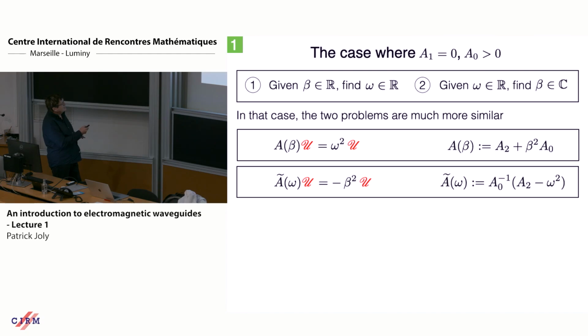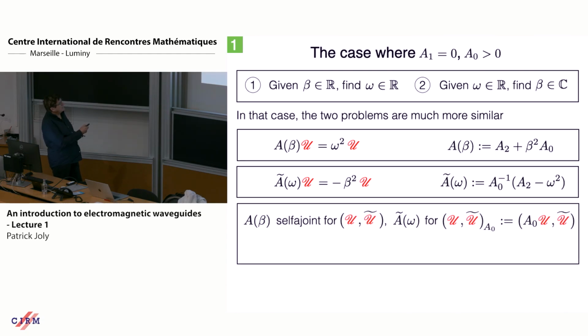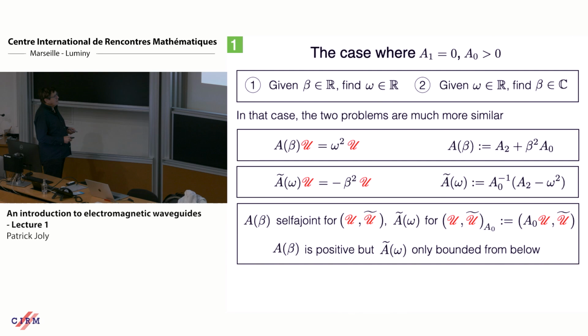The dependence of the operator with respect to the parameter is also very simple. This operator A of beta is self-adjoint, and the other one is also self-adjoint; you just have to change the inner product, using the fact that this defines also an inner product. Another difference is that A of beta is always positive, but because this term is negative, the operator is only bounded from below.